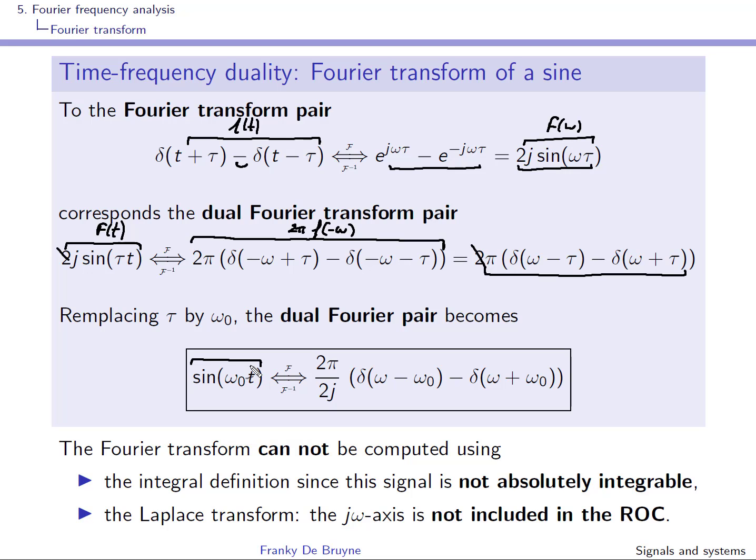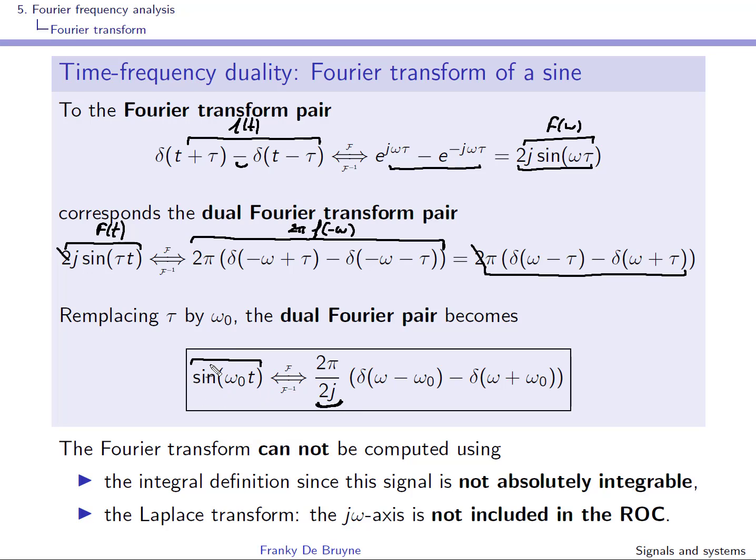It looks a lot like the previous formula, and from a modulus point of view it will be the same. So there will be energy at omega 0 and minus omega 0, and there will only be a difference as far as the phase is concerned, and we'll see this. So again, why do we do this trick? It's because the Fourier transform cannot be obtained using the integral definition.